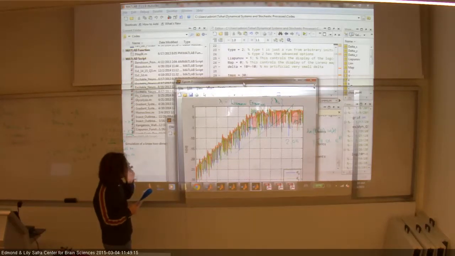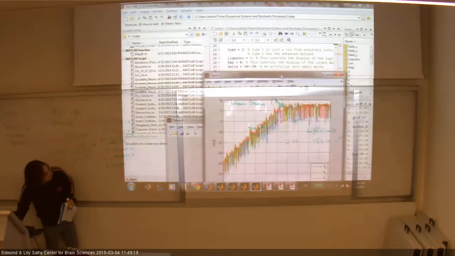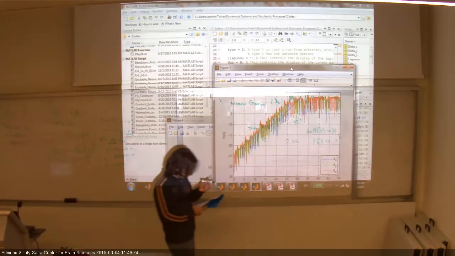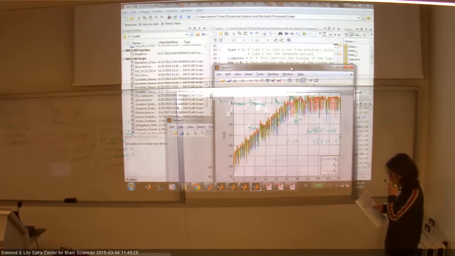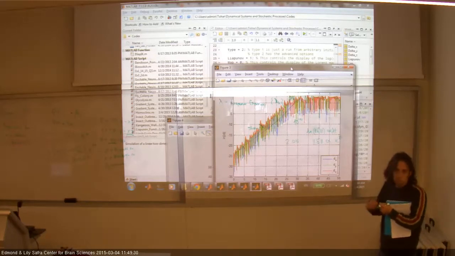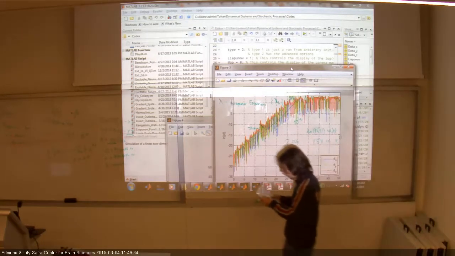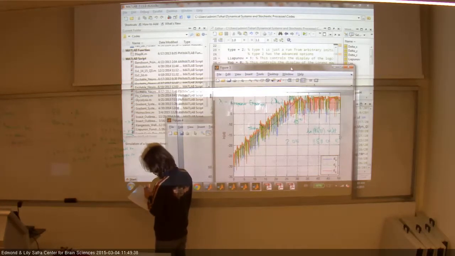Okay, so going back to what this all means, a positive lambda means that there is some time horizon beyond which it is very hard to predict where the system will be.